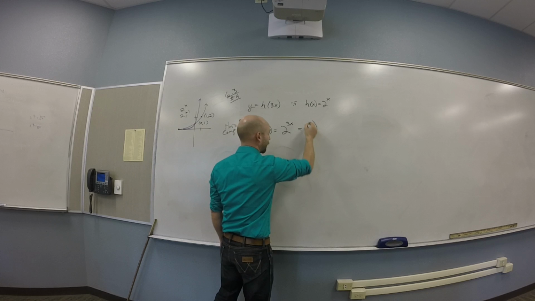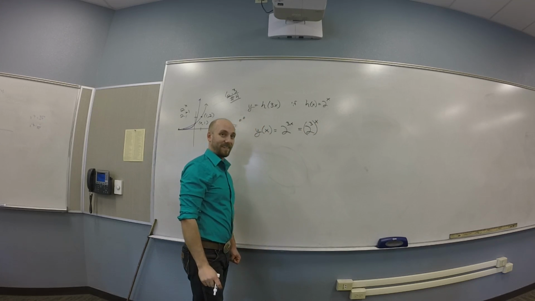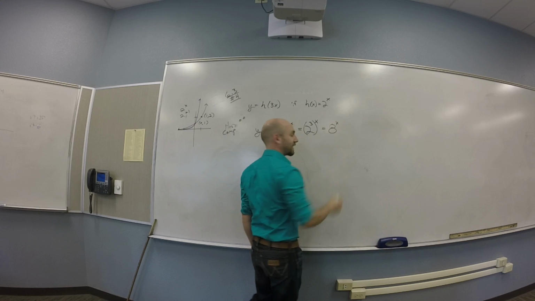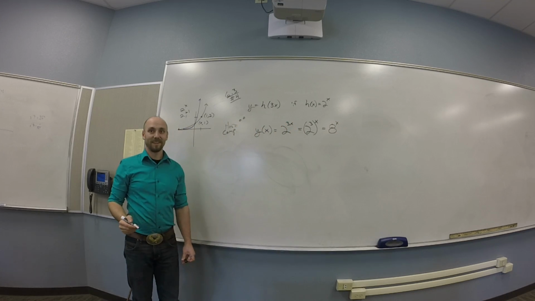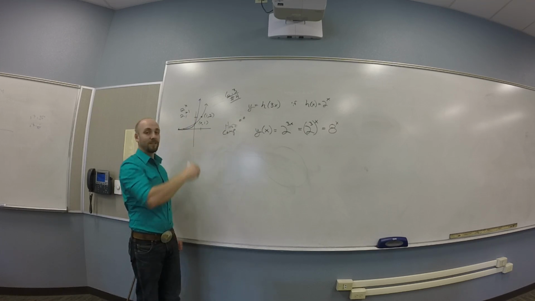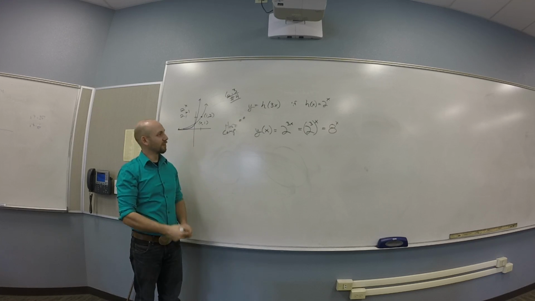How about that's 2 to the 3, to the x? Which is 8 to the x? You guys see that? So that's the same picture, right? That's still that blue thing. So that's a little bit why it looks like a vertical stretch, right? Is it actually a vertical stretch?